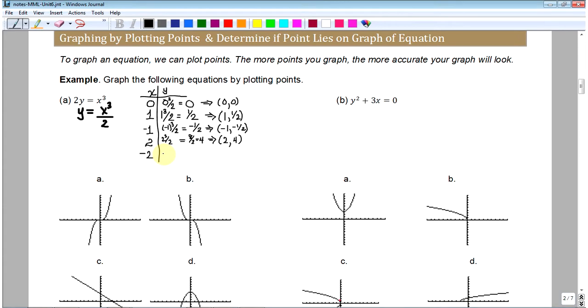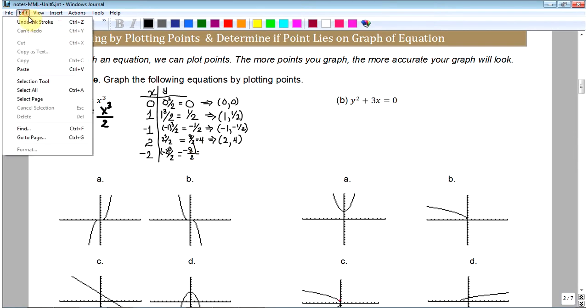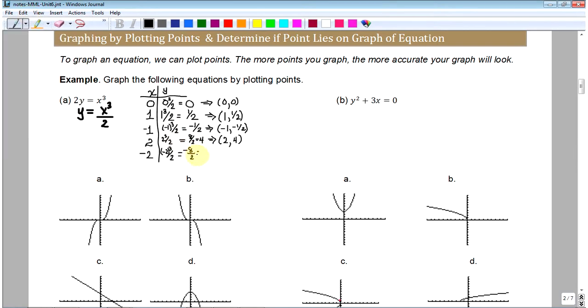If we substitute -2 in for x, we'll have -2 cubed divided by 2, which is -8 divided by 2, or -4. So we have the coordinate -2 comma -4.